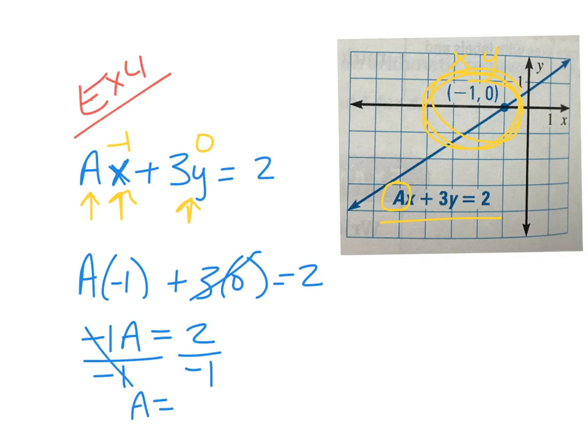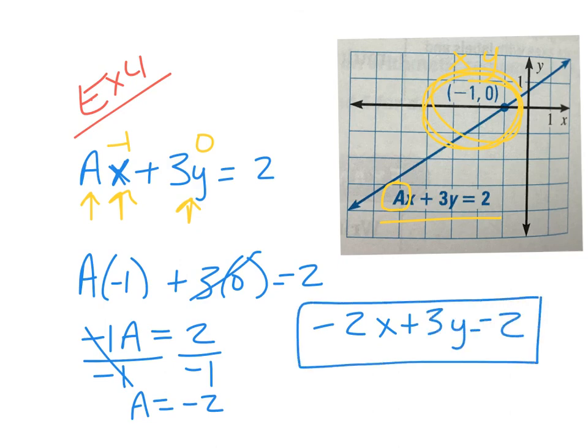So a equals, very good, -2. So now can I rewrite the equation plugging in a? Yeah. So I say -2x plus 3y equals 2. Done. Easy, right? Good.